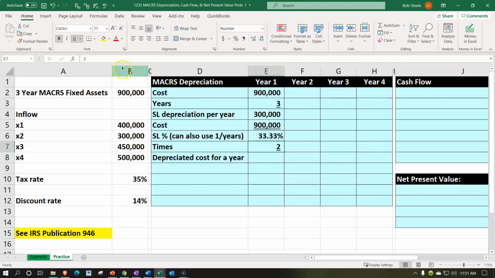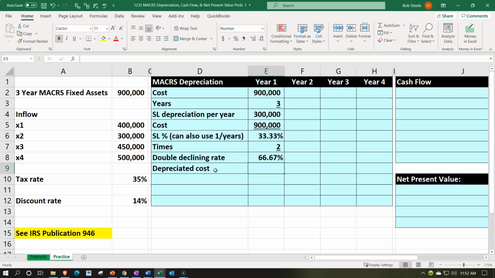We're going to take this and underline it, and this would be the double declining rate, which is going to be equal to the 33.33 times 2. I'm going to make that a percent in the numbers group, and add a couple decimals. So we're looking at about 66.67.